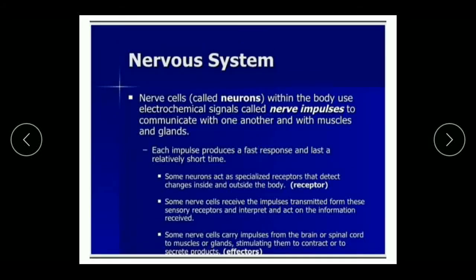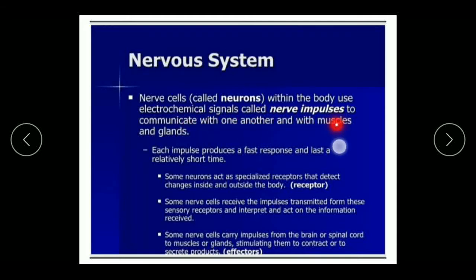First, the nervous system. Nerve cells are called neurons. You already know the structure, types and classification of neurons. Neurons use electrochemical signals called nerve impulses.